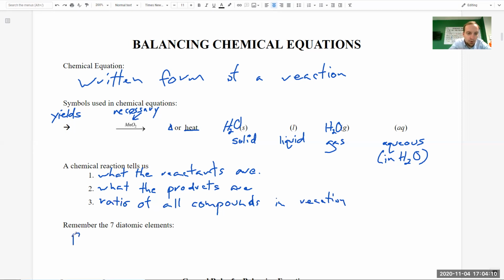We have bromine, iodine, nitrogen, chlorine, hydrogen, oxygen, and fluorine. So if you see Br, it's going to be Br2. No, that's not a gas, but iodine, I2, nitrogen is N2, chlorine is Cl2, hydrogen H2, O2, and F2, right?